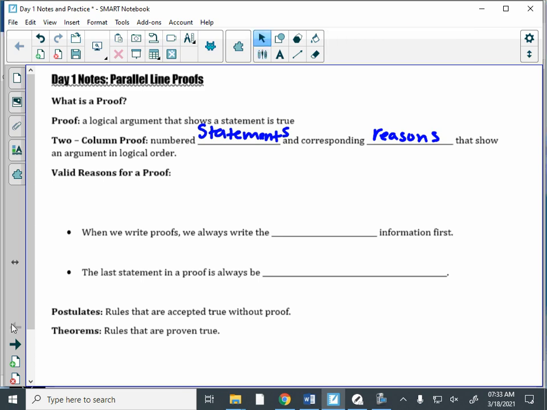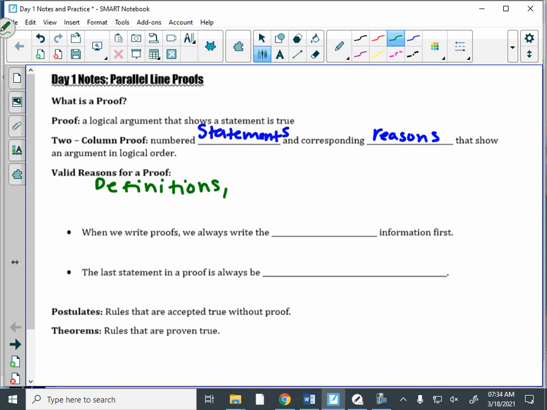Valid reasons, things we use for reasons, things we use to back up why we think something is true, are definitions, theorems, and postulates.